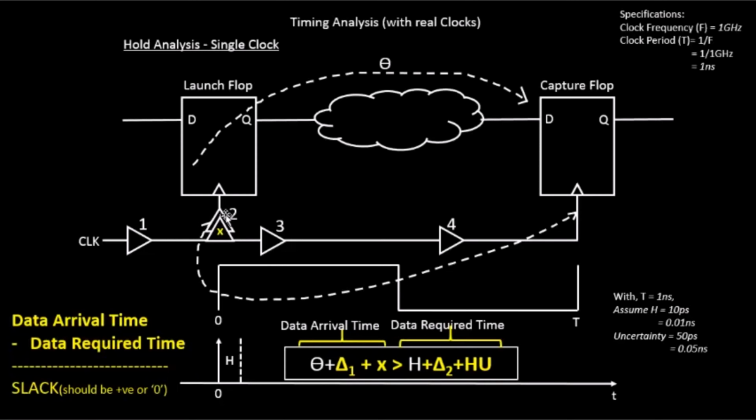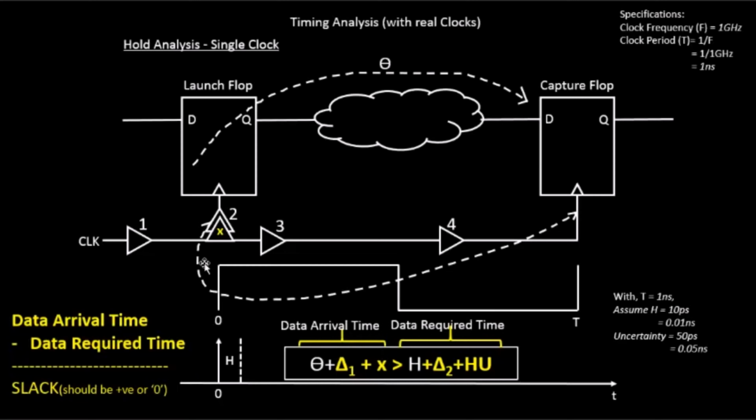If you try to insert one buffer with delay x in the launch flop clock path, the equation that you see over here will be theta plus delta 1 plus x, where x is the delay of the buffer that we just added. It's always beneficial for us to add a delay in the launch flop clock path, because that is actually increasing your data arrival time, and that is what is expected. It should be greater than the data required time.